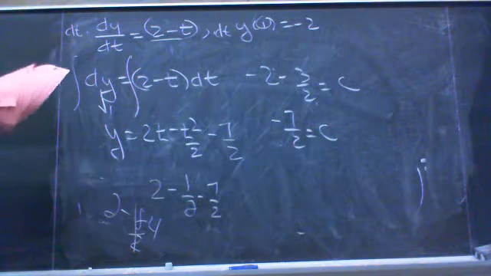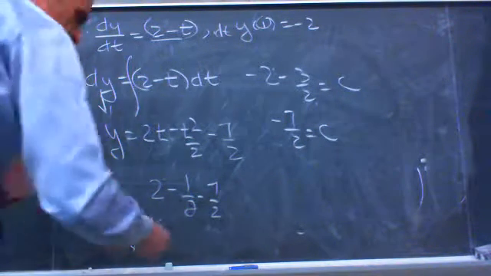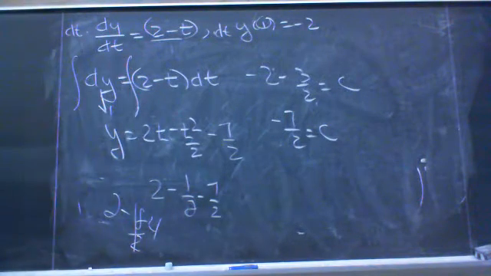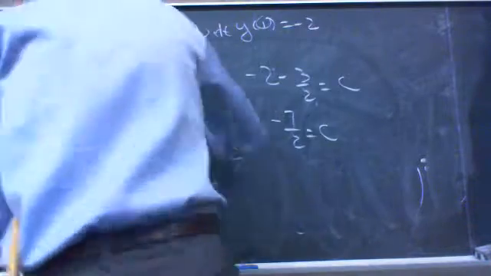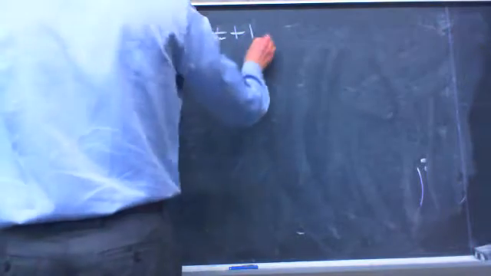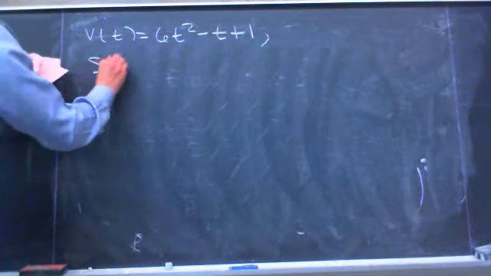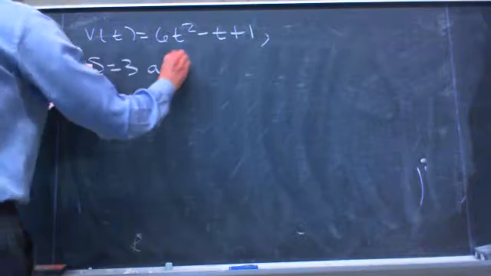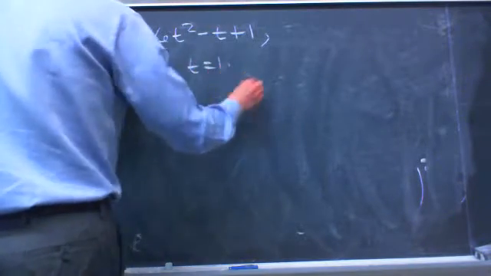Okay, and I had the velocity problem as the last one. So suppose the velocity of an object, v at t, equals 6t squared minus 6t plus 1. S equals 3 at t equals 1. Find S of 2.